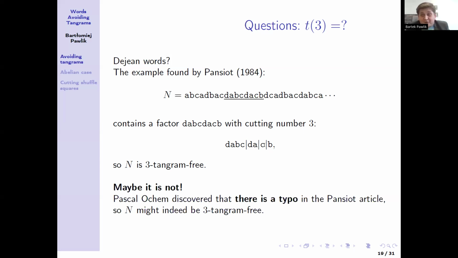So then we, of course, got excited, thinking that this word might actually be Tangram free. But then somehow we forgot to investigate this thread again. And Pascal Ochem didn't.